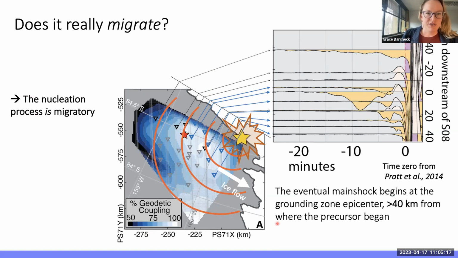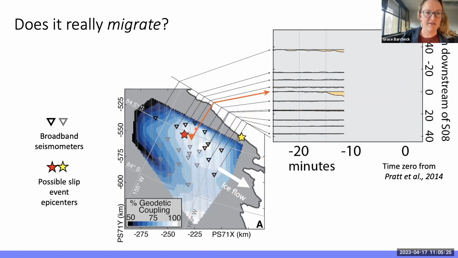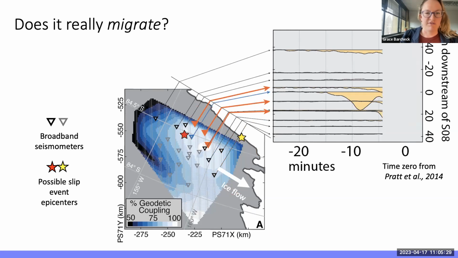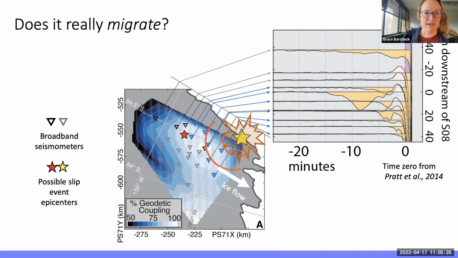And so essentially what this is showing is some kind of slow slip process that, if we back up, starts out in the middle of the glacier, and over the course of 15 minutes, spreads out before triggering the earthquake to start down by the yellow star.